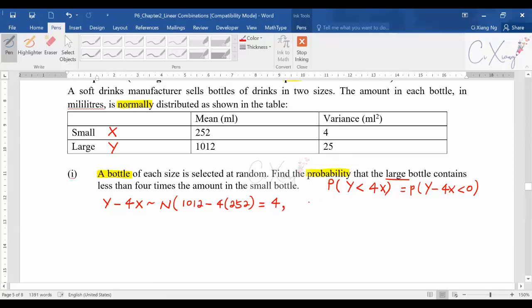For the variance, you take the variance of Y, which is 25, plus. Not minus, it should be a plus, because for variance you have only positive, no negative. And when you take the 4 out from the variance, you have to square the 4, so it becomes 4 squared times the variance of X. The variance of X is 4. If you calculate the value here, you should get 89.